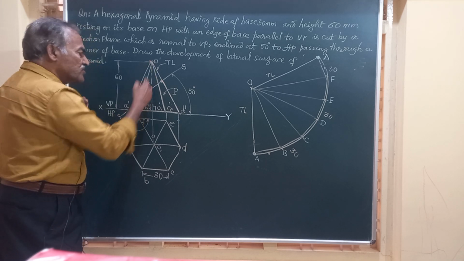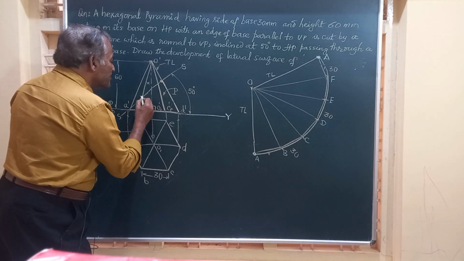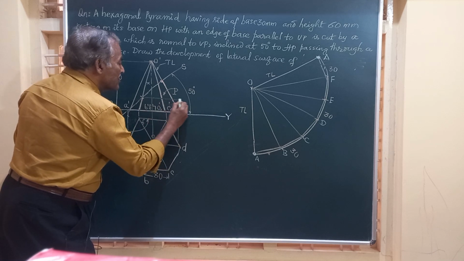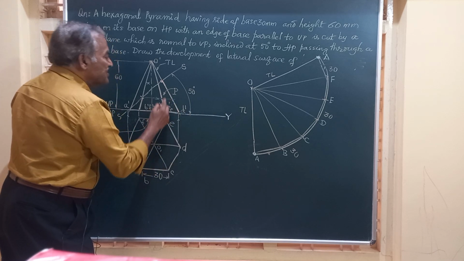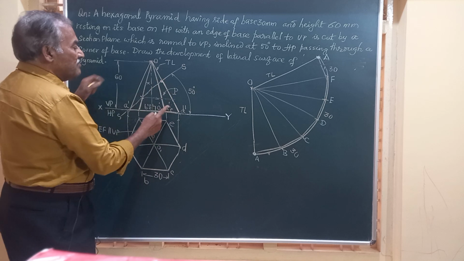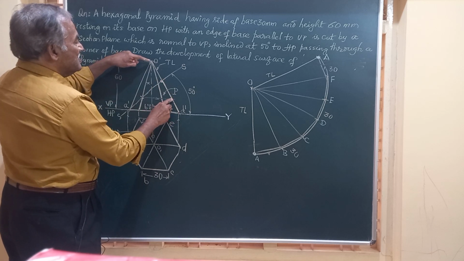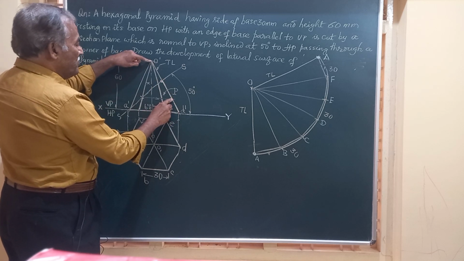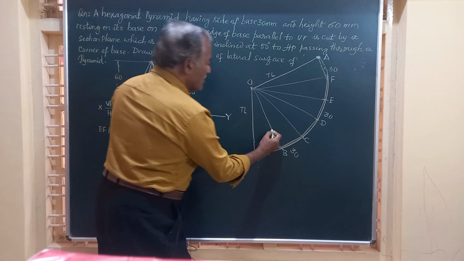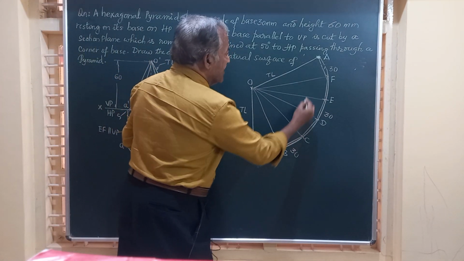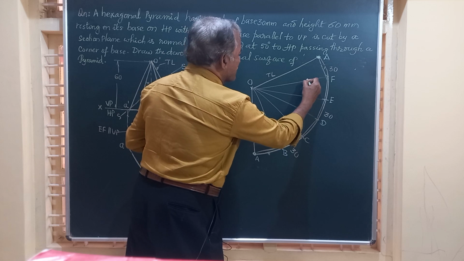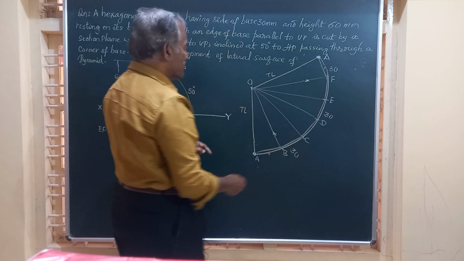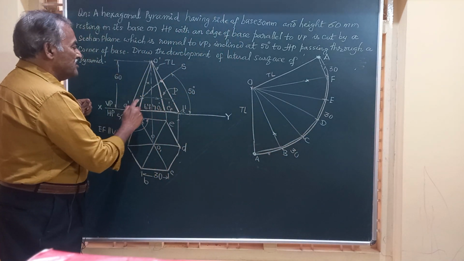So this is not the true length. Hence, I should shift this to the true length line and mark that distance on OB and OF. OB I mark and OF. The same distance I should mark. So I mark these 2 points.